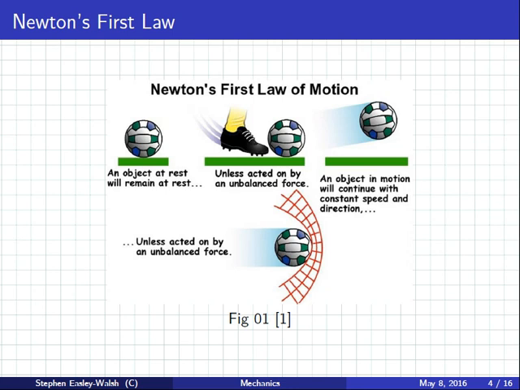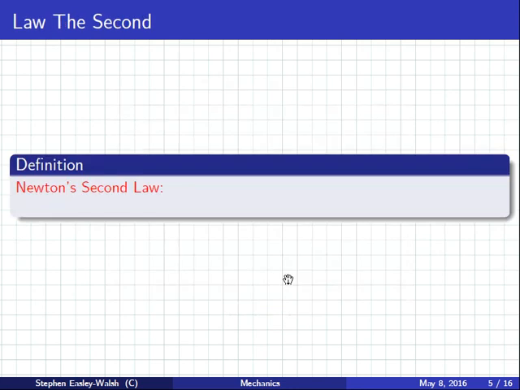Okay, Newton's second law. We know this one because we did it recently. What is it? F equals ma. Or simply, in words, force is mass multiplied by acceleration. So if you can take this down, Newton's second law.